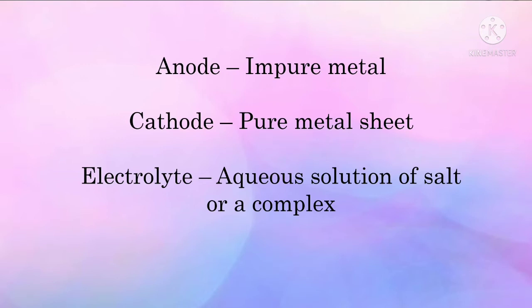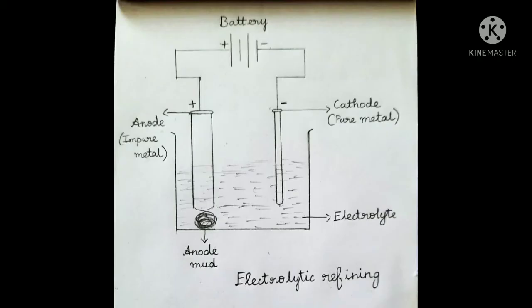Now when you pass current, that metal dissolves from the anode and passes into the solution. So on passing the current, what happens? The metal dissolves from the anode, it passes into the solution. At the same time, an equivalent amount of metal ions from the solution is deposited on the cathode.